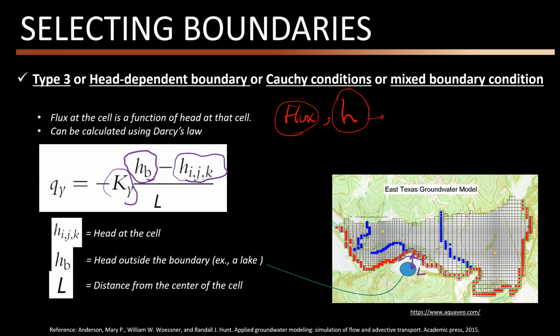But it is important that it changes. It's a function of the head at these cells and also the head or the stage of the lake. So this is again pretty much like Darcy's law.